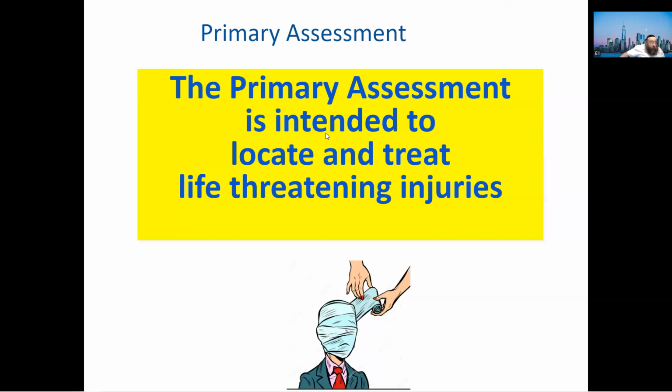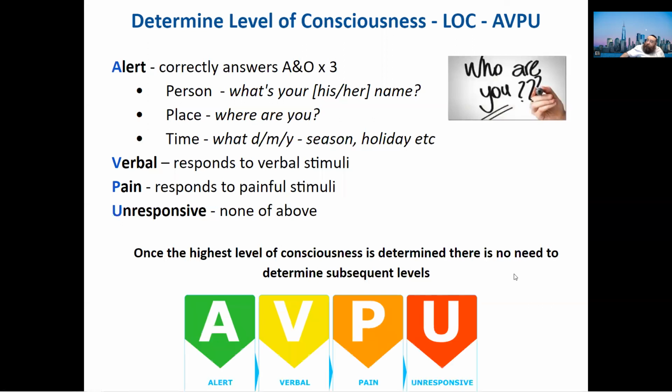Why would you do a primary assessment? So here you have it. It's intended to locate and treat life-threatening injuries. Life-threatening injuries. That's now what we're going to be looking for. And we'll show you how we break it down. So this next part is all primary assessment.